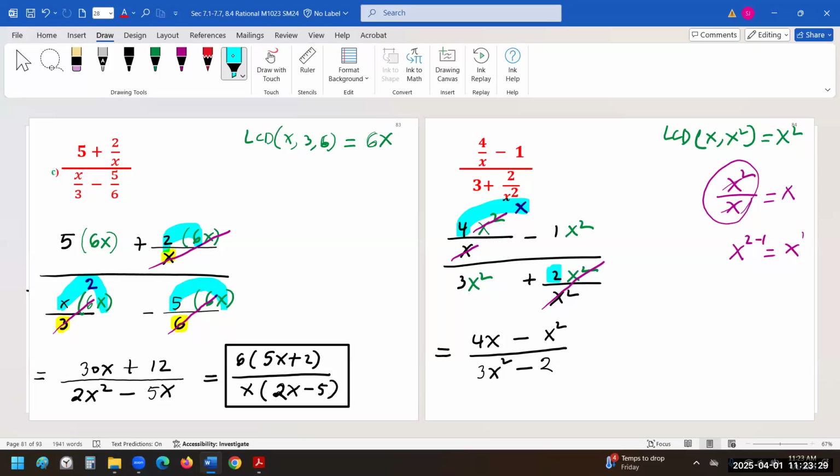So technically you're done, but you can stop. We go for one more step. What do you do next, Sitlali? What do you observe in front of you? We have 4x minus x squared. Good, we go for factoring. When you factor x, what do you have?